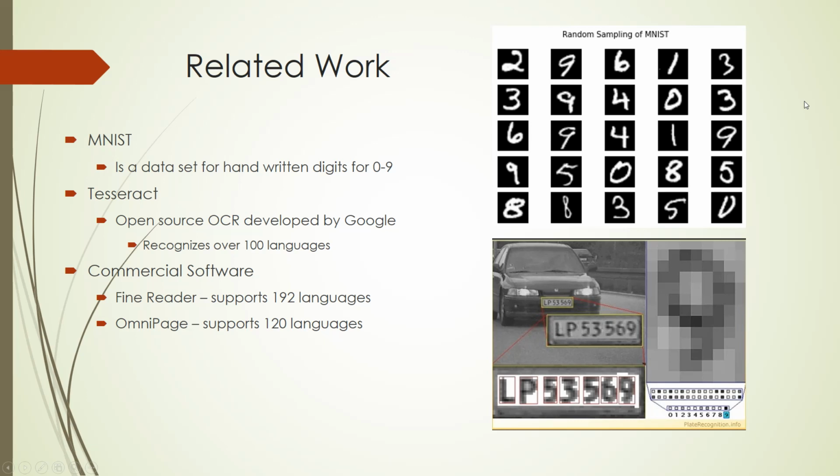It's able to recognize over 100 different languages and characters, and it has also grown into the commercial sector with FineReader and OmniPage. The picture on the bottom right is an example of a combination of OpenCV and Tesseract being used to read license plates.